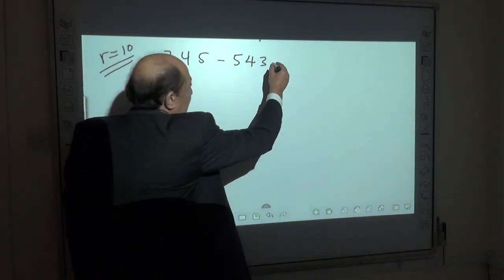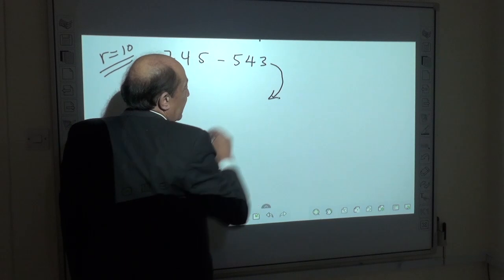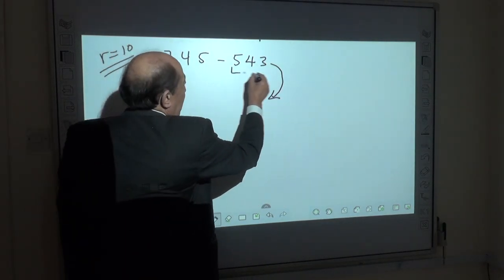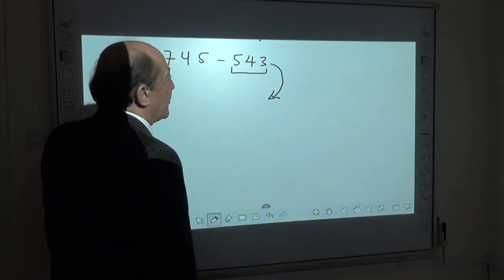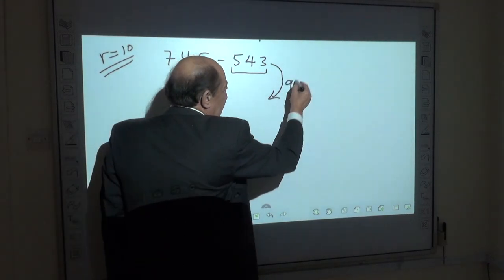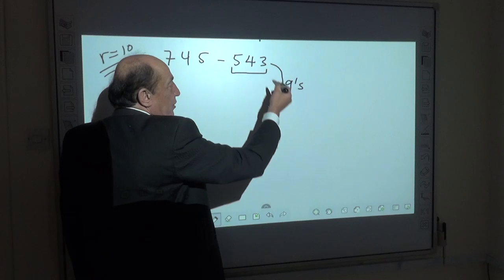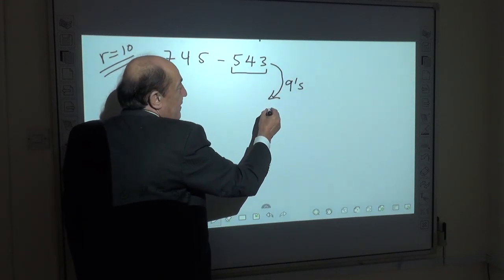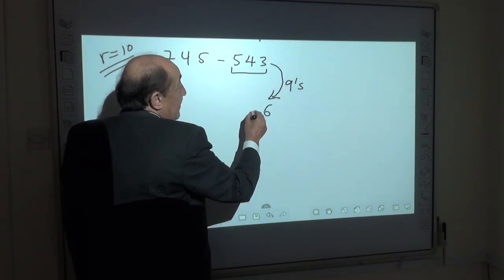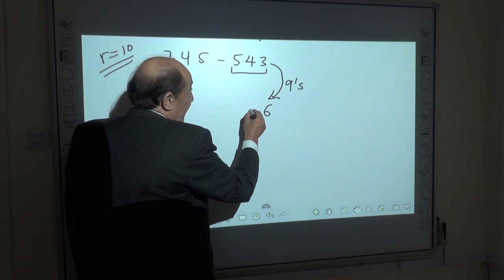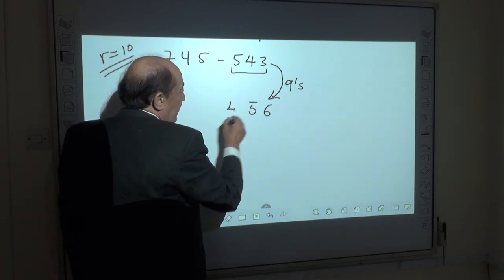We find first the ninth complement of this number. And we know how to find it. We subtract all digits from 9: 456.